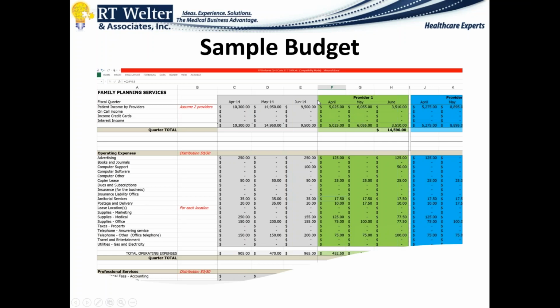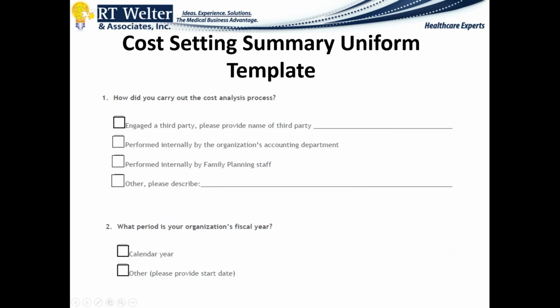Our sample budget template. Again, this is the template that will be emailed to you by Jody. You're not required to use it. It's purely an option. Our cost setting summary uniform template. So this is the mandatory form that has to be submitted with your cost analysis and cost setting.